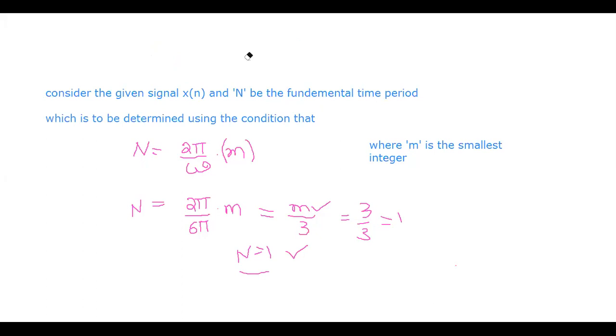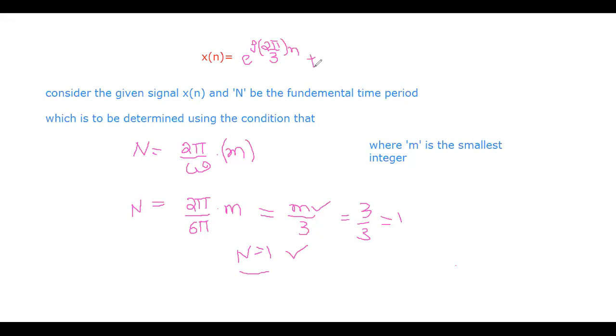So again, I am considering x of n as the combination of two signals. That combination is given by e power j 2 pi by 3 n.